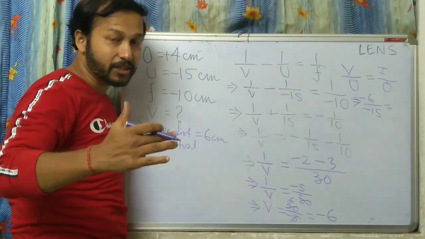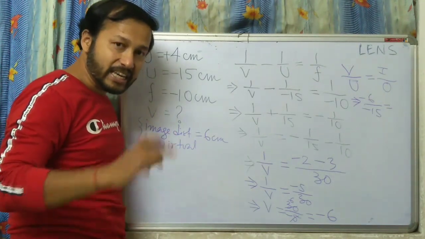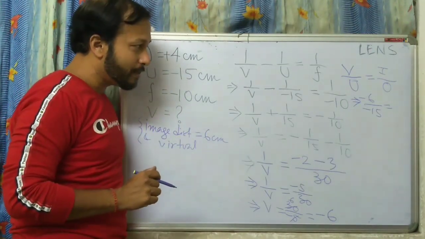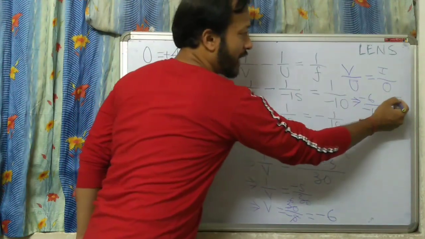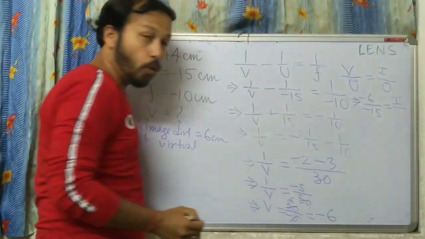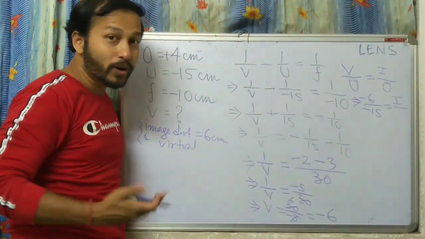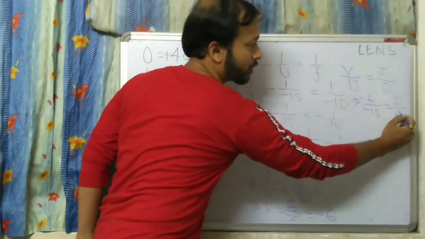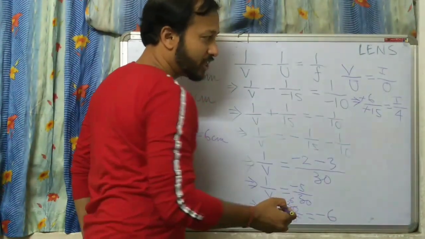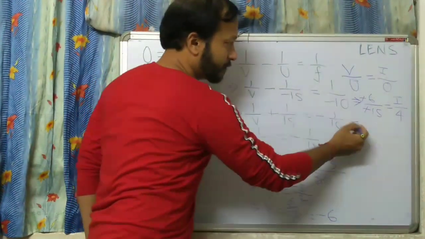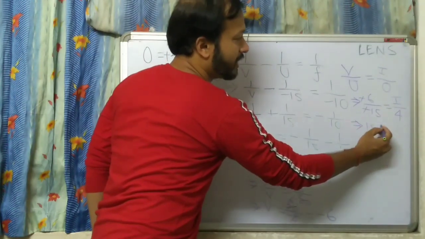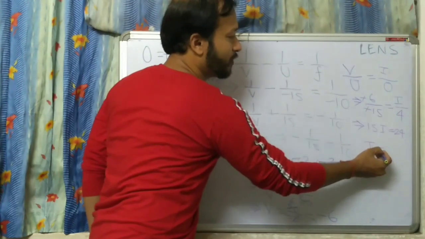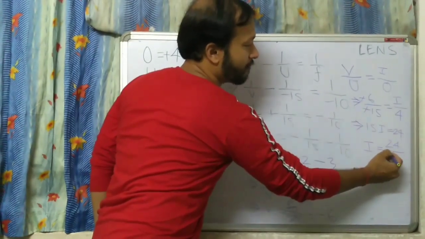Image size and image height both are the same. So what is image height? We do not know. I by O. O is object height. What is the object height? 4 centimeter, plus 4. Now minus cancelled. Cross multiply. 15I equal to 24. So I equal to 24 by 15.